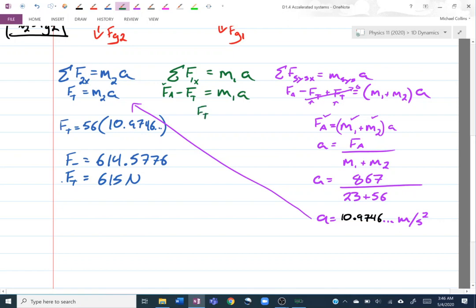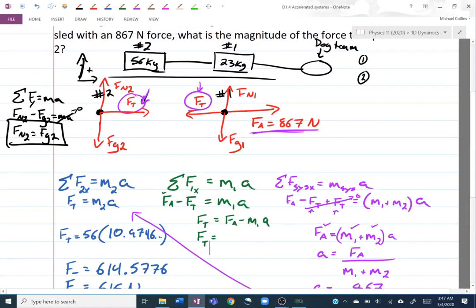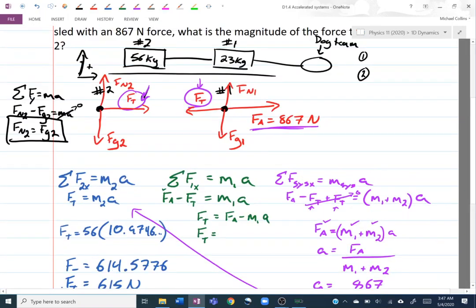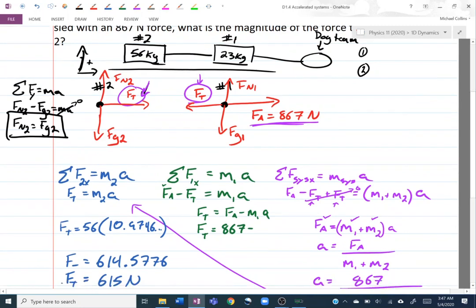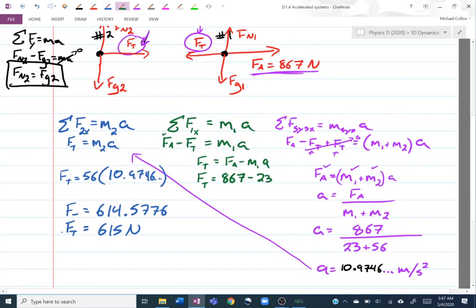My force of tension here would be equal to Fa minus M1A. My Ft is going to be equal to my applied force, which is 867, minus M1, which is 23, times my acceleration, which is the 10.9 stuff.